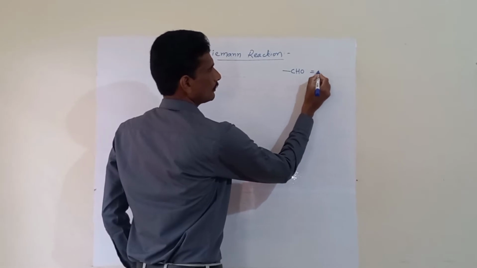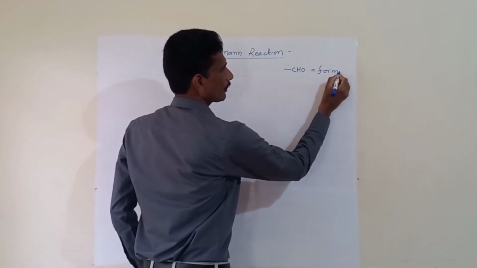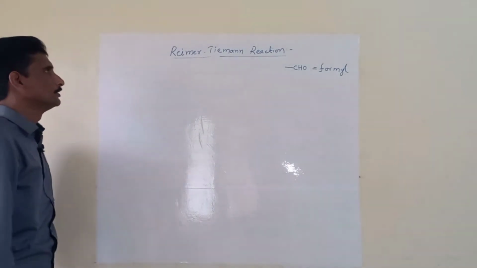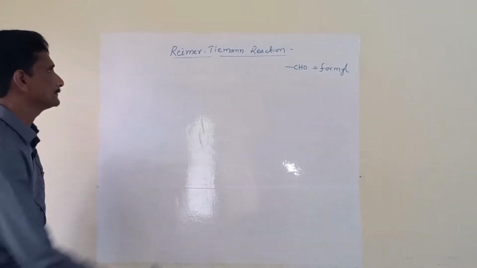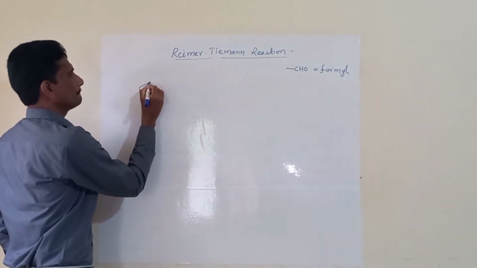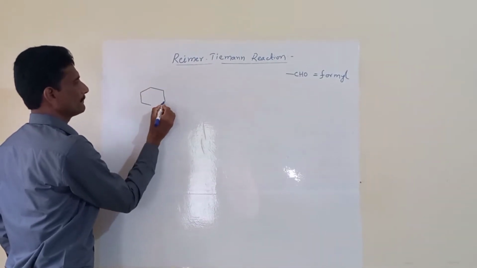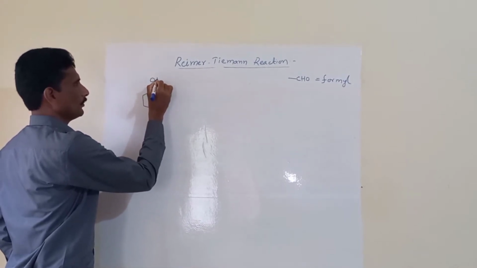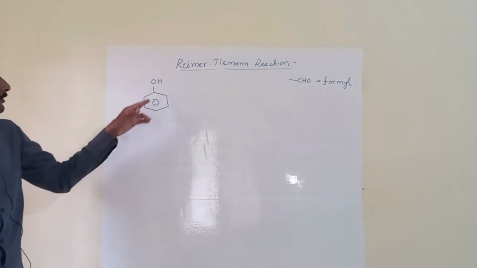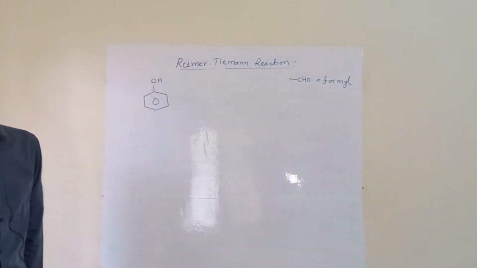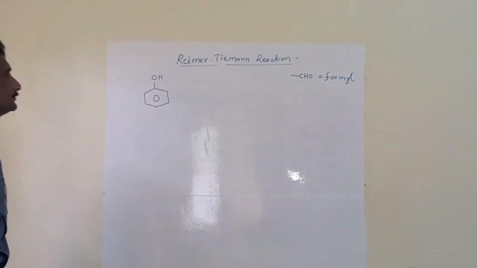It is also called the formyl group. So now we see the reaction. Phenol: OH, so it is a benzene ring. The OH group is present on the benzene ring.